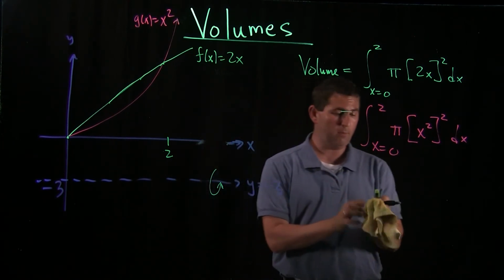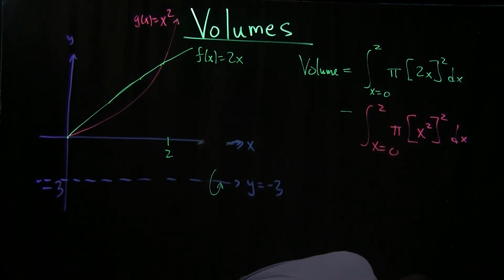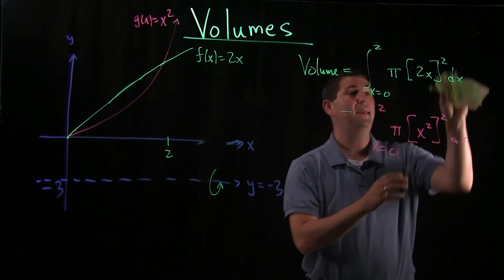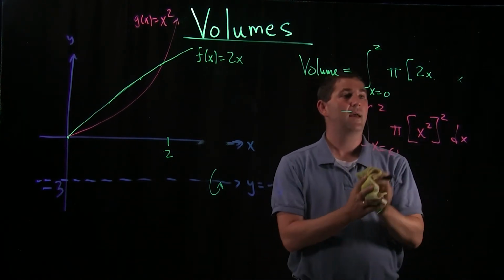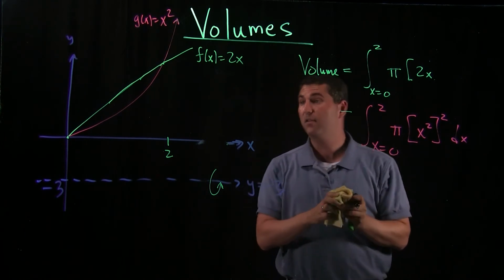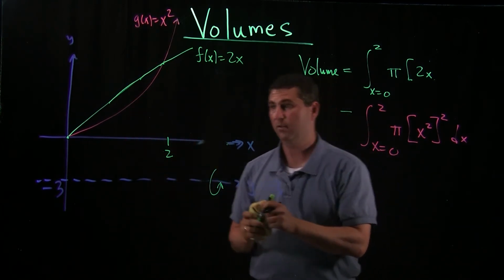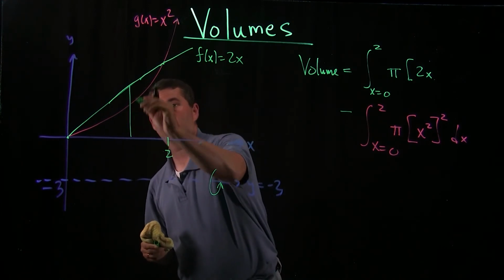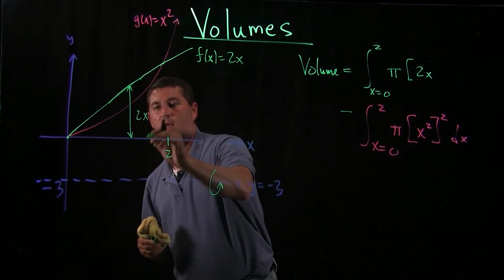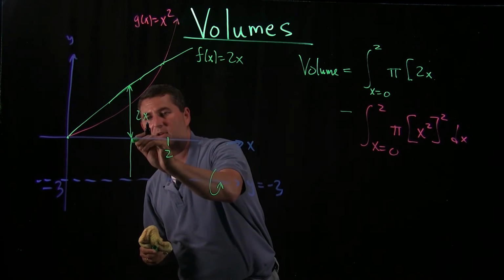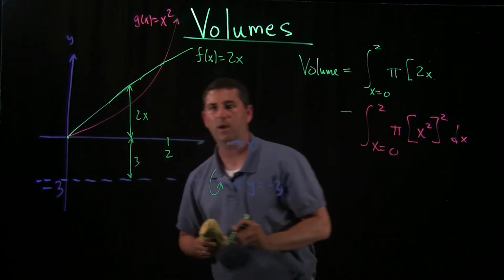So I would need to go back here, and instead of it being 2x, right, that was the original distance to the axis of rotation. So this is 2x. There's now an additional distance of 3.